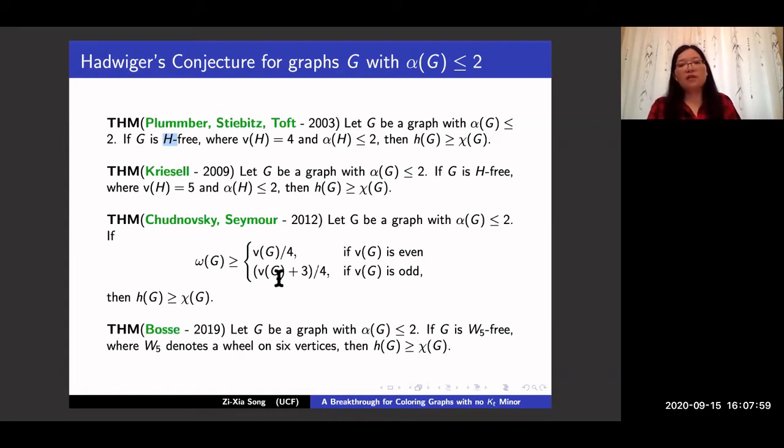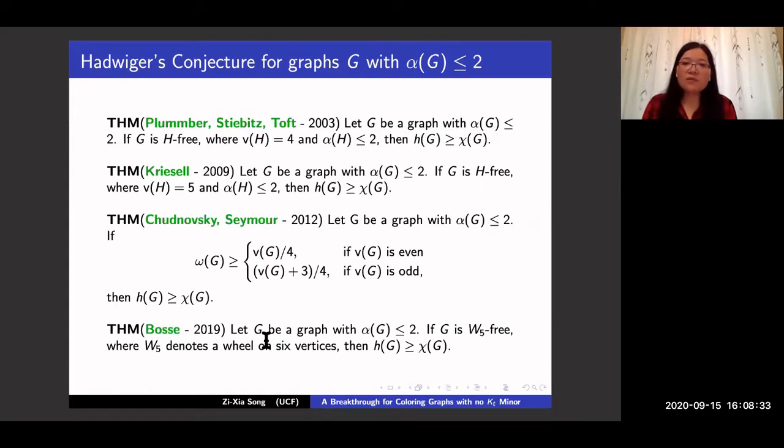So what remains hard is when the clique number is less than a quarter of the vertices in your graph. And my former PhD student added a little bit to this family by excluding a wheel on 5 vertices as an induced subgraph. Then this family also satisfies Hadwiger's conjecture. So these are the special families.